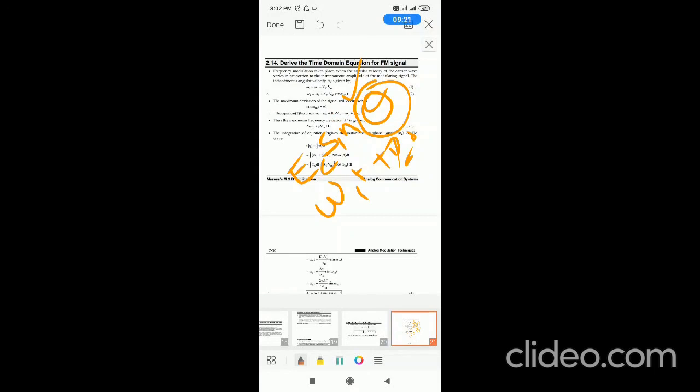We need to calculate omega i t. You don't know theta, but you know omega i. From omega i, how can theta be calculated? There is a simple formula, integration. Theta i is equal to the integration of omega i dt.